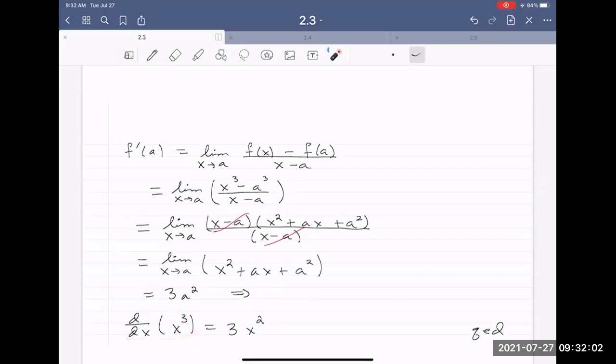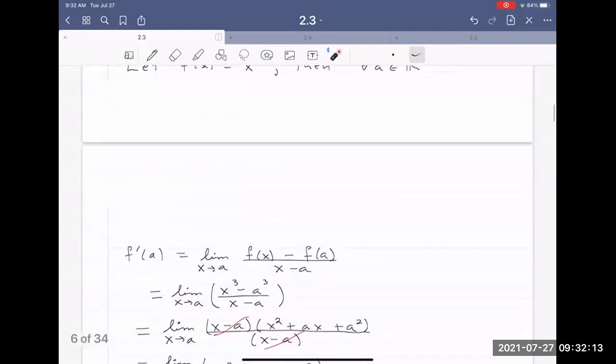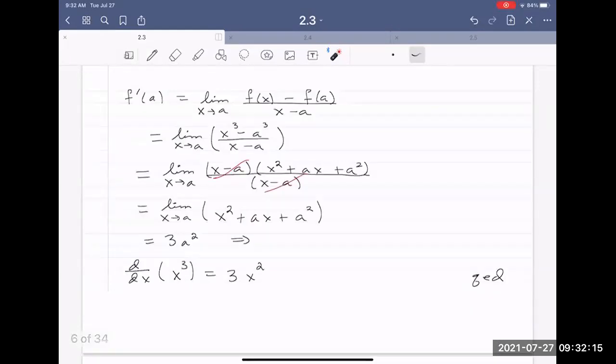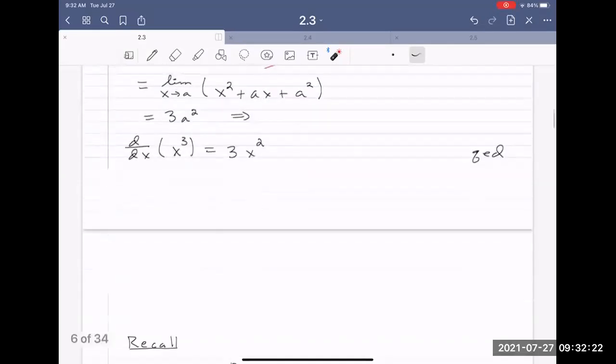The derivative of x cubed is therefore 3x squared. I don't know, I proved it this way because I was probably tired of, after a while you get tired of doing it the same way. So I use a little bit of variety here. Okay.